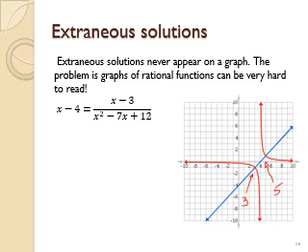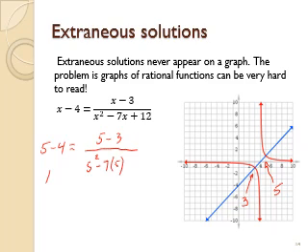What happens when you plug in 5? Well, if you plug in 5, 5 minus 4 is 1. And then on the other side, you get 5 minus 3 over 5 squared minus 7 times 5 plus 12.